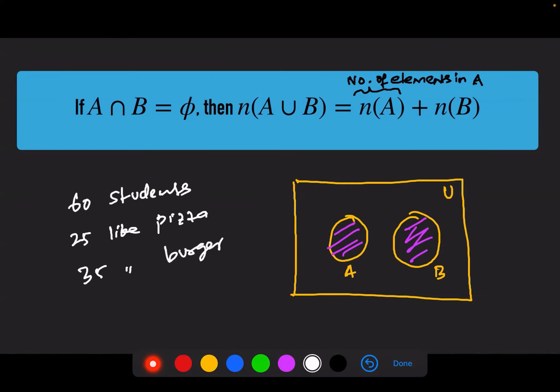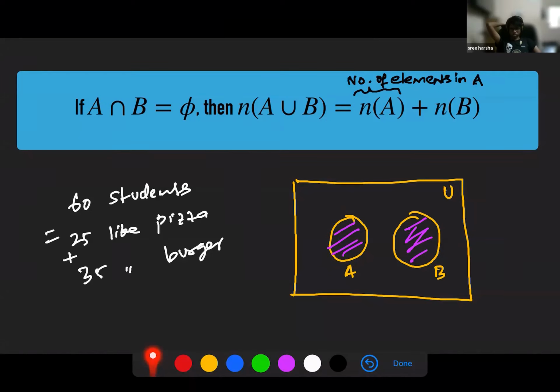And there is no student who likes both. That means these two are disjoint sets. There is no student who likes both pizza and burger. Now, in this case, 60 is equal to 25 plus 35, because the number of elements in A union B should be equal to the number of elements in A plus the number of elements in B. Are you okay?